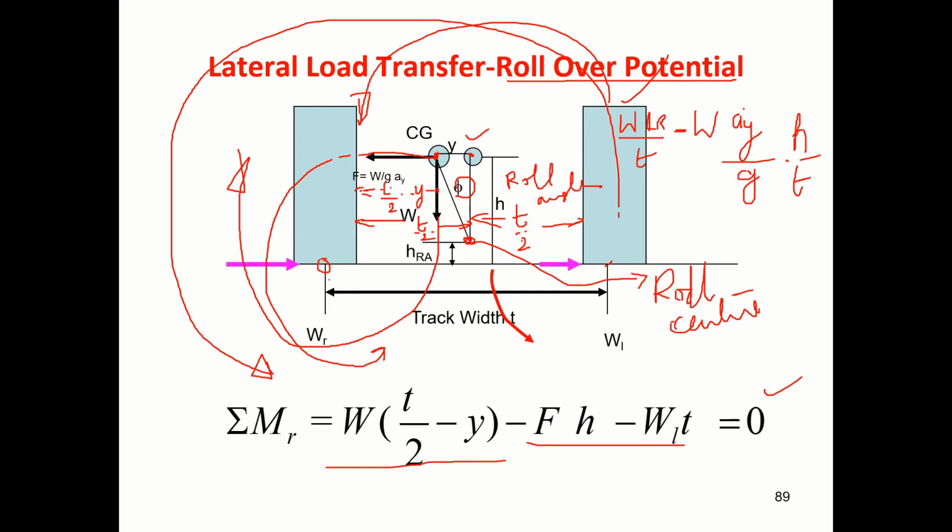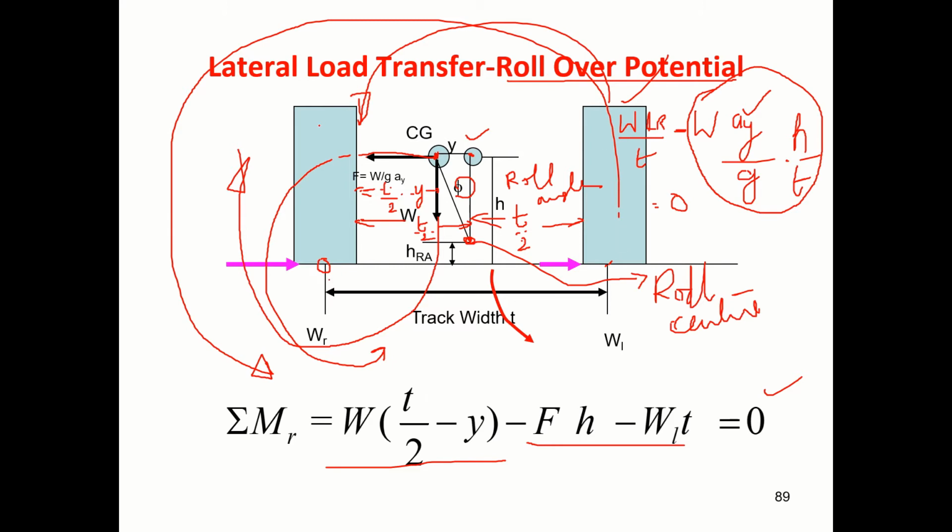If I go on increasing the value of acceleration, lateral acceleration, this value keeps increasing. Right? So reach to that acceleration value, well, this load will become 0. Then there is no load, means it will lift off.